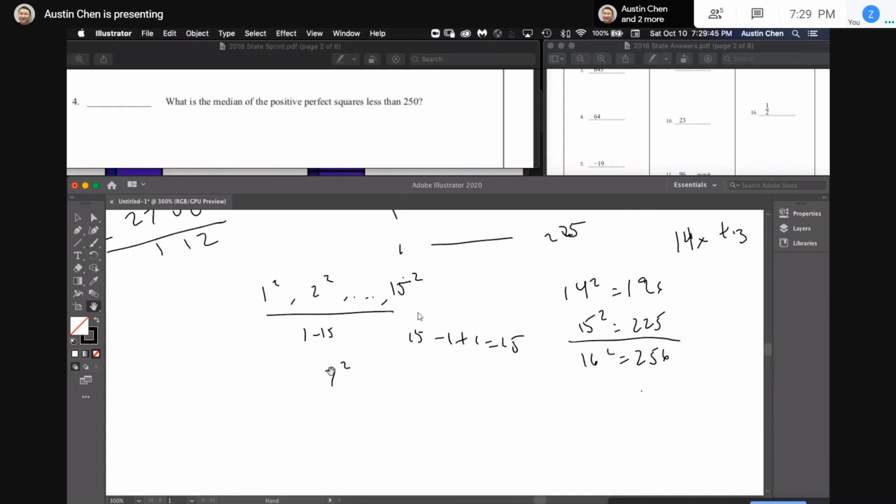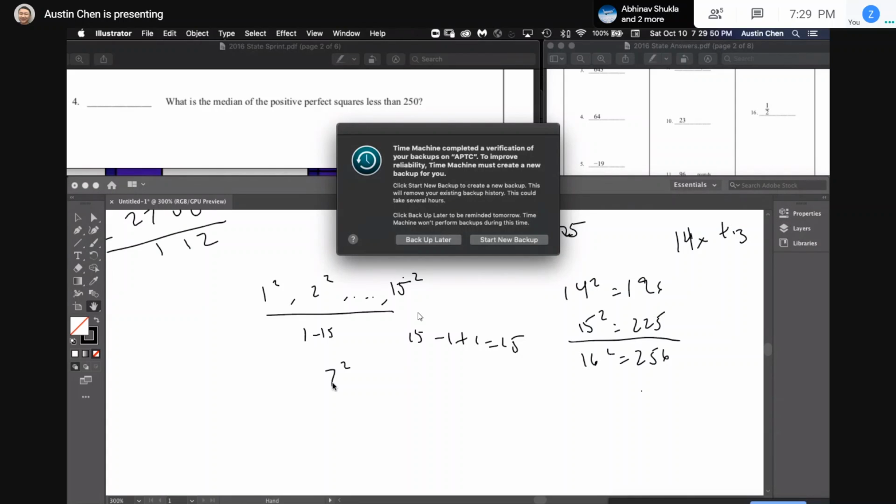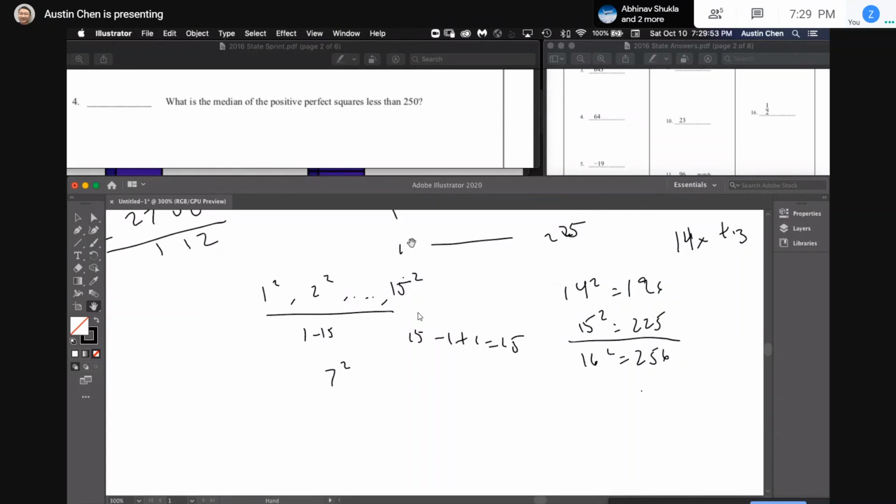Oops, actually no, it's going to be 8 squared, because 8 is 7 away from 15 and also 7 away from 1, so it's the middle of our set.